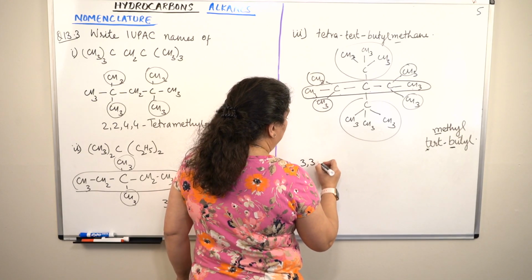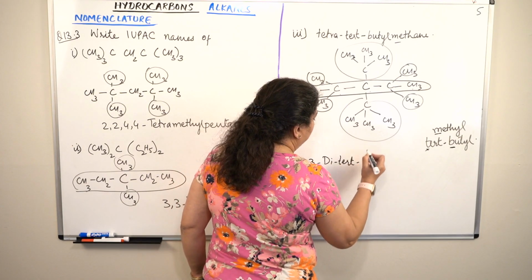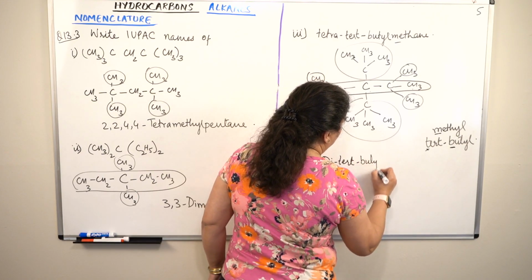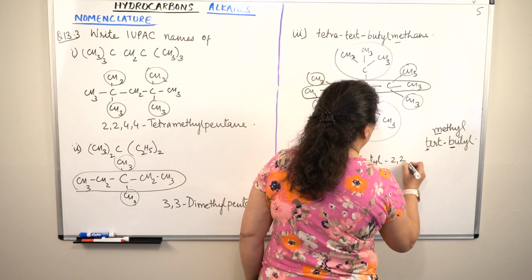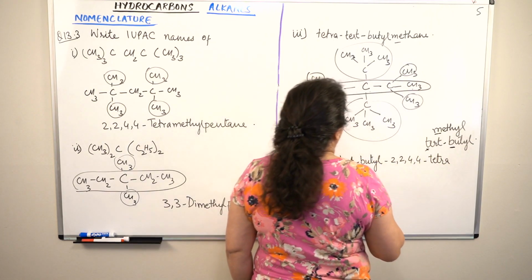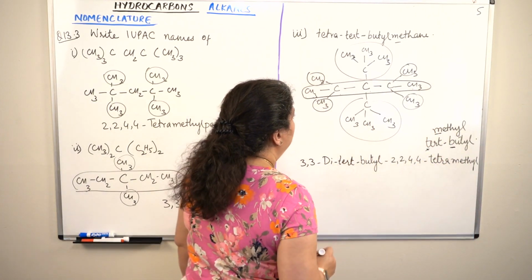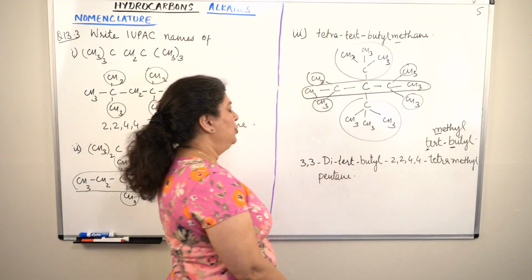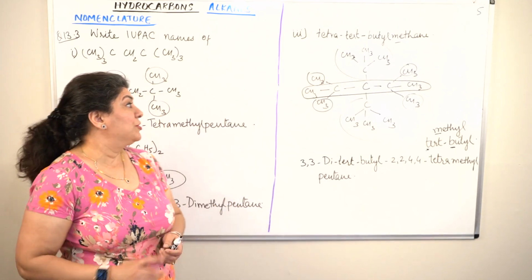Right? 3, 3-di-tert-butyl, then you have 2, 2, 4, 4-tetramethyl-pentane. 2,2,4,4-tetramethylpentane will be the name of the compound.